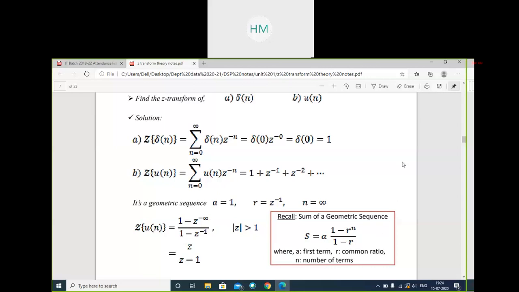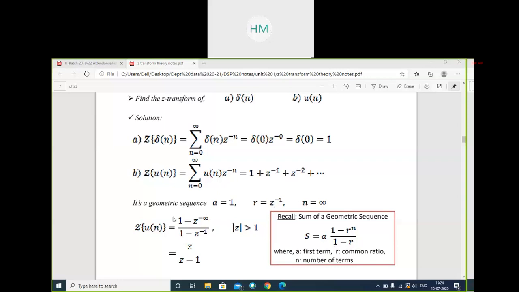or see this, is it visible? Yes. This is a geometric sequence. S is equal to a times 1 minus r to the power n upon 1 minus r, where a is the first term. Here the first term is 1. A constant is 1. Sometimes it could be there, so we have to mention it. Then r, what is r? R is equal to z to the power minus 1.